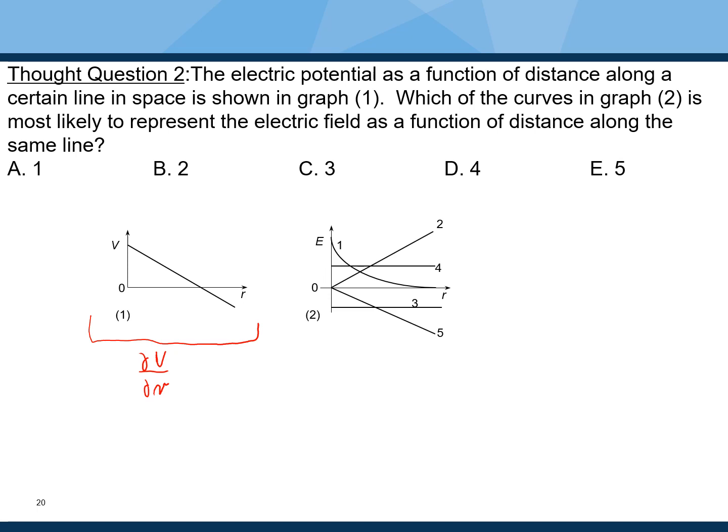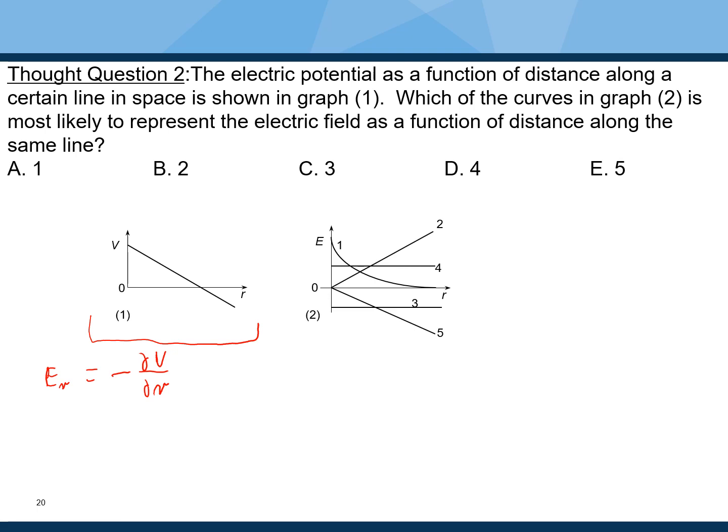What does that mean for the electric field? Recall that the electric field is not given by dV by dr, but rather it's given by minus dV by dr. I'm sorry, dV by dr per se is a negative constant number because this is a straight line.